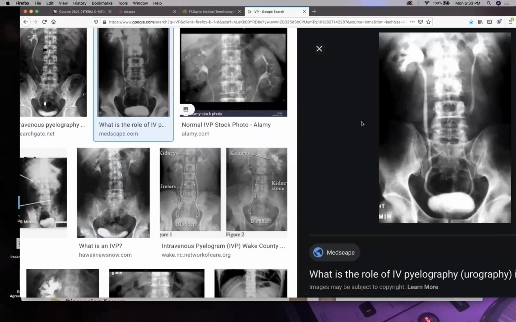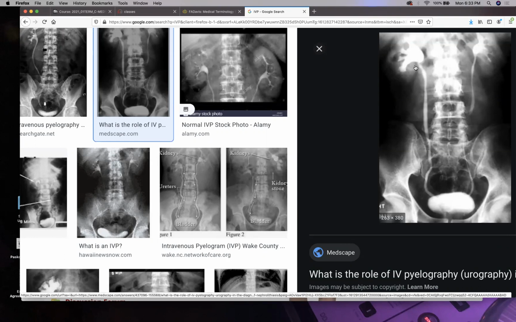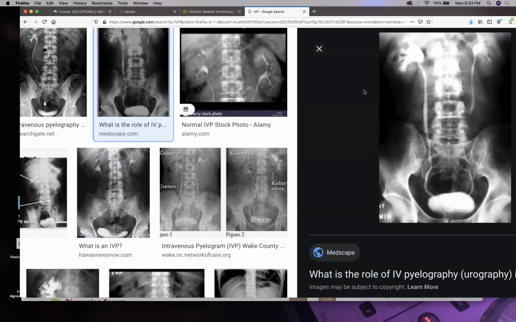We put this stuff that kind of glows in the dark upon this X-ray, and this X-ray is called a KUB, kidney, ureter, bladder, right?